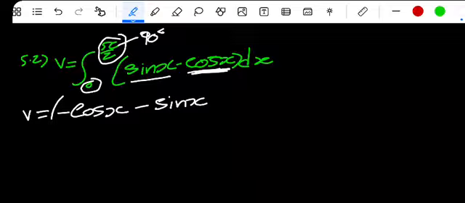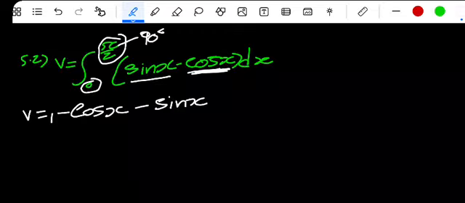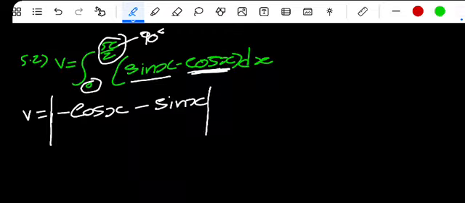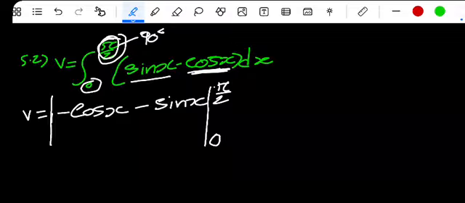Remember, guys, this is evaluated from 0 up to pi over 2, the upper limit there, which is the same as 90.